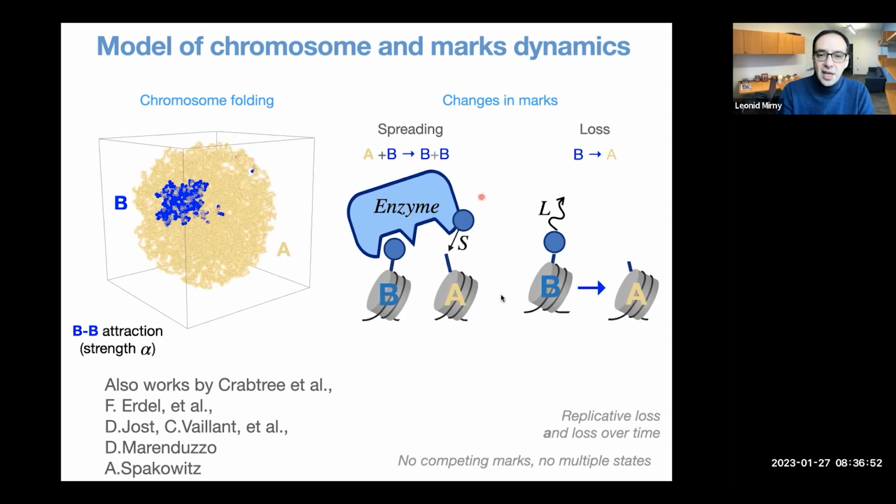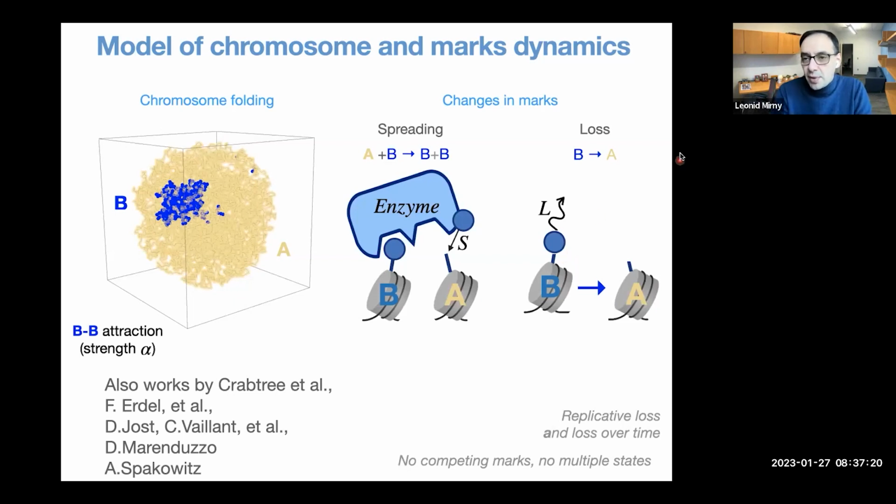And then on top of that, you can add an enzyme that can spread the marks. Once an unmarked nucleosome gets in the proximity of a marked one, the enzyme can then establish a mark on the unmarked one. And in parallel to this, there is some loss of marks, and the loss can be replicative, but it can also be a function of time.